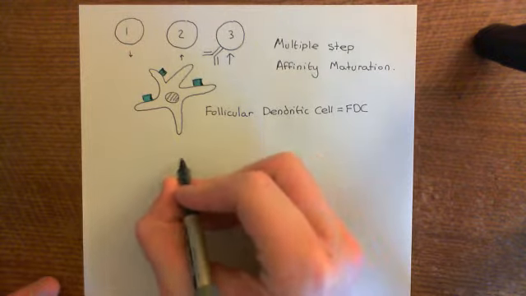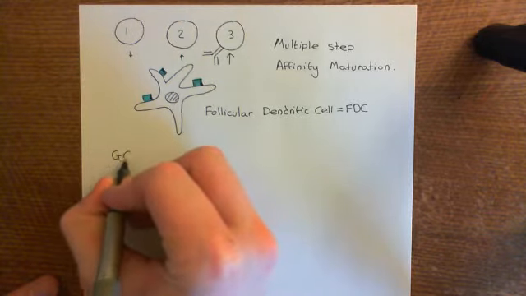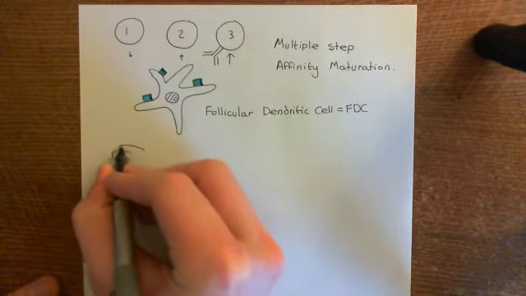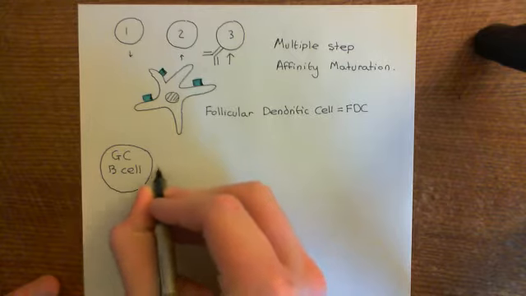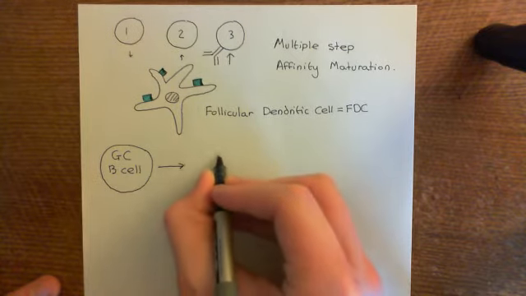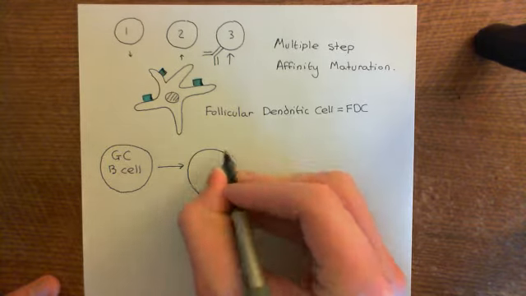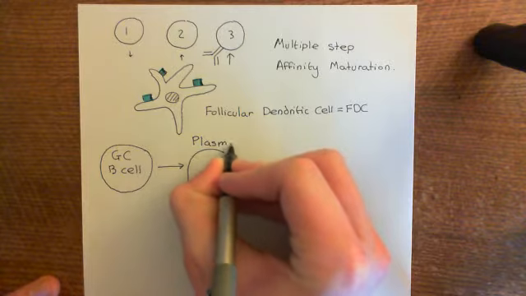So from time to time, a germinal center B cell, let's say here we have one, can differentiate into a plasmablast, and what triggers it to differentiate into a plasmablast is not fully understood, but some of them start to do this. Okay, so here is a plasmablast.